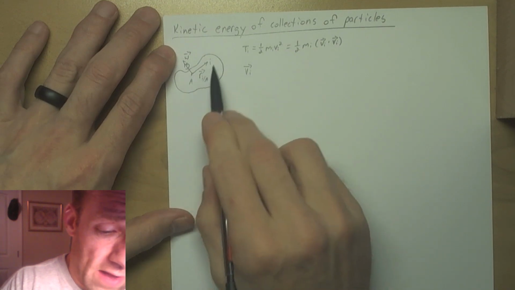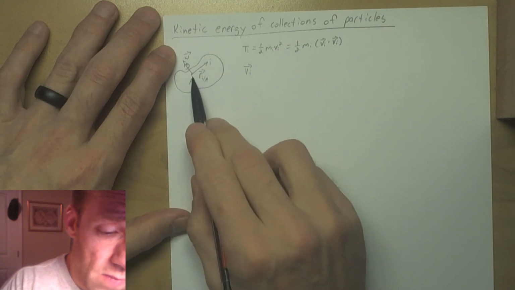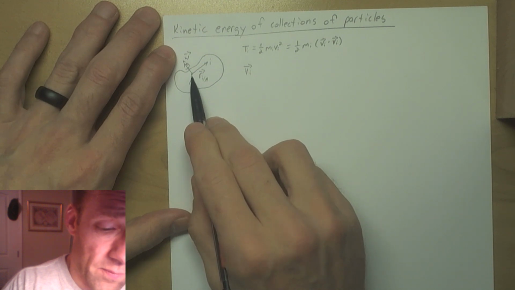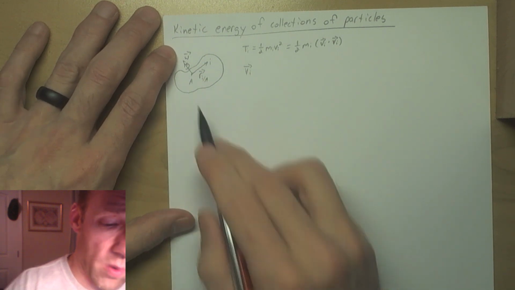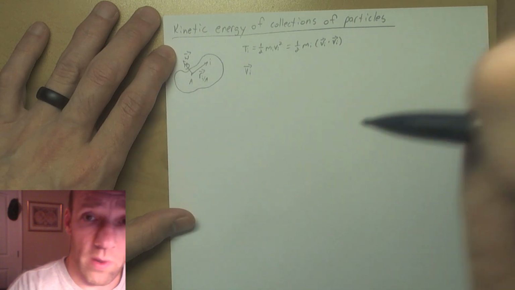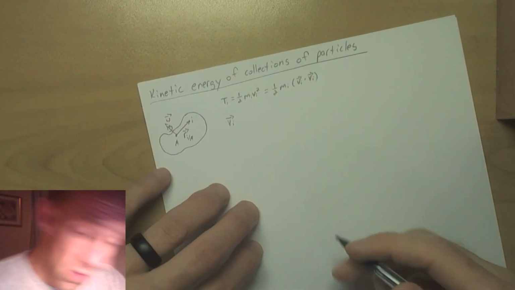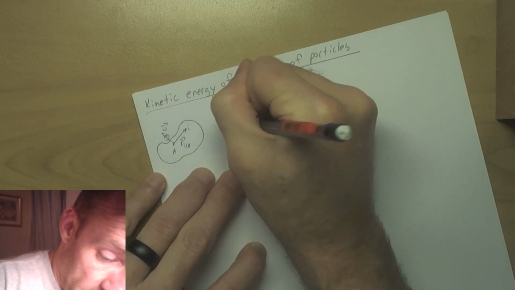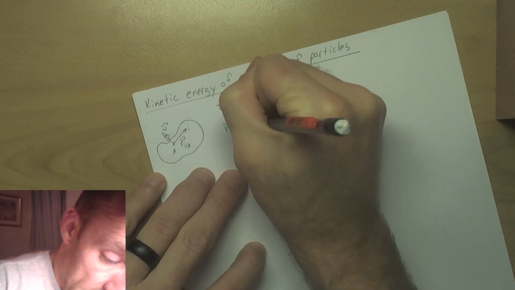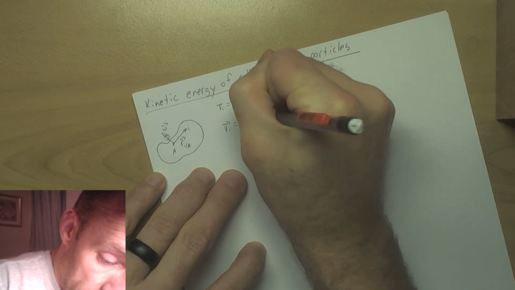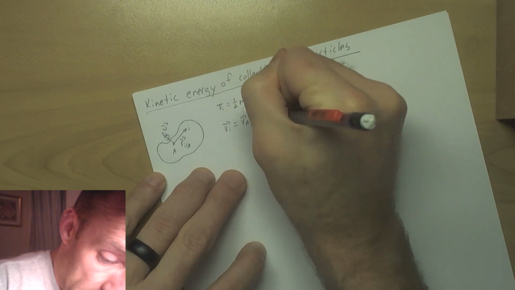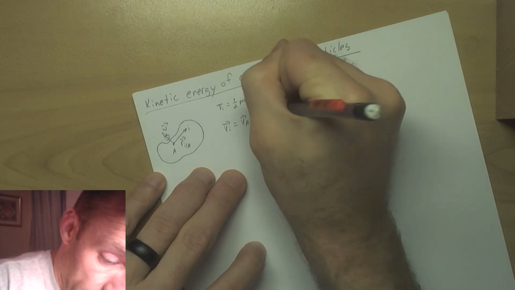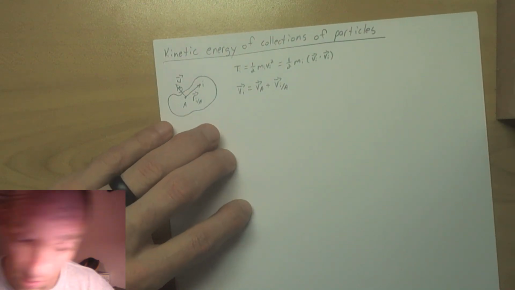it's going to be useful for us to treat that velocity in respect to a reference point. In this case, we're just going to label that point A. All right. So the speed of the ith particle is the speed of A plus the speed of i relative to A. Or no, I guess the velocity.